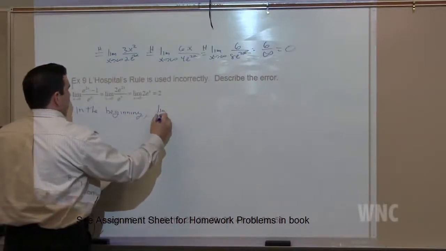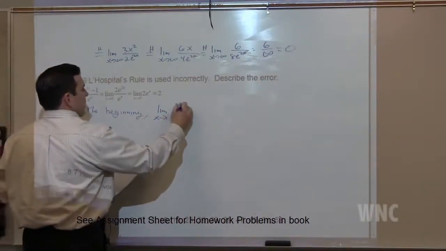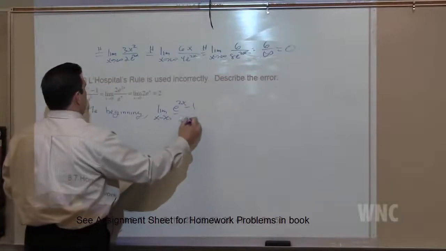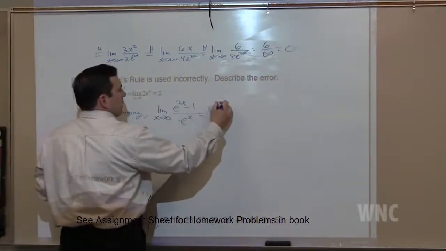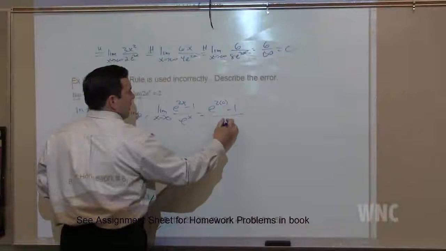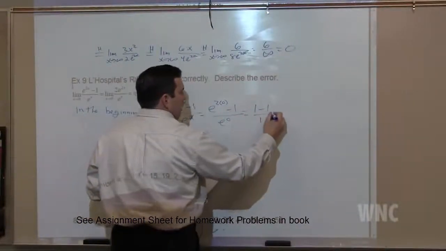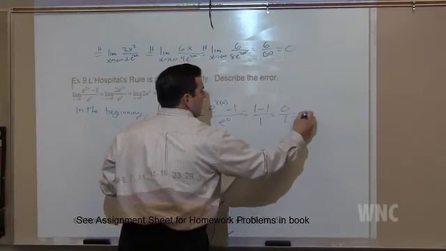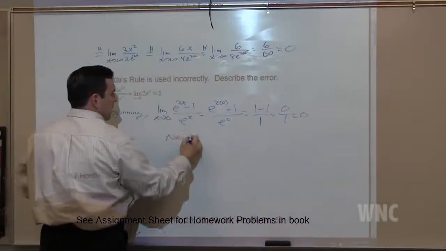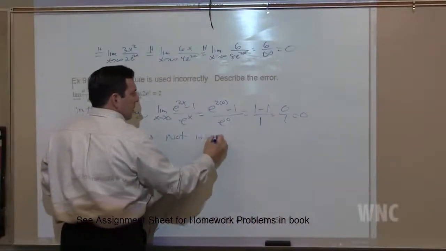The limit as x goes to 0 of e to the 2x minus 1 over e to the x is e to the 2 times 0 minus 1 over e to the 0. That's 1 minus 1 over 1. That's 0 over 1, so it's 0. This is not indeterminate.